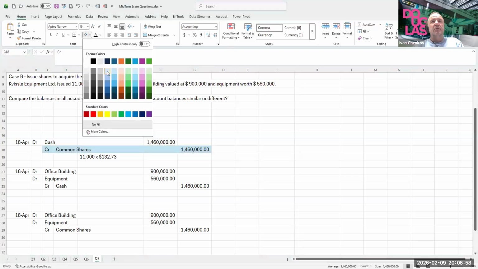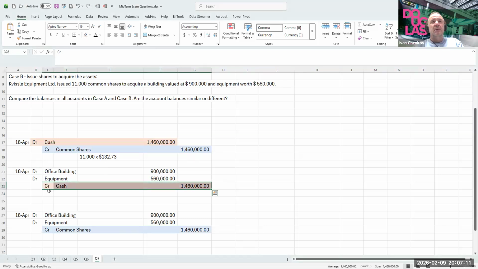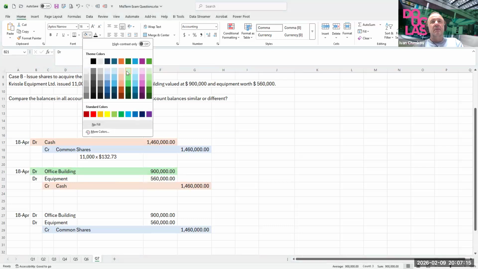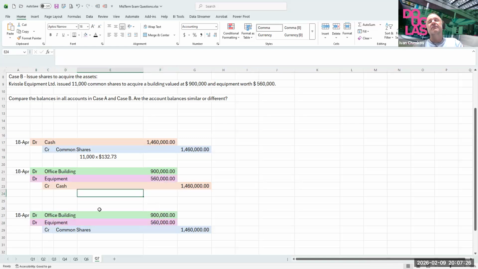Let's mark it blue, matching this one. Cash gone, eliminate that cash. Then we have office building 900,000 and equipment 560, and office building 900,000 and equipment 560. Is there any difference between one and the other?